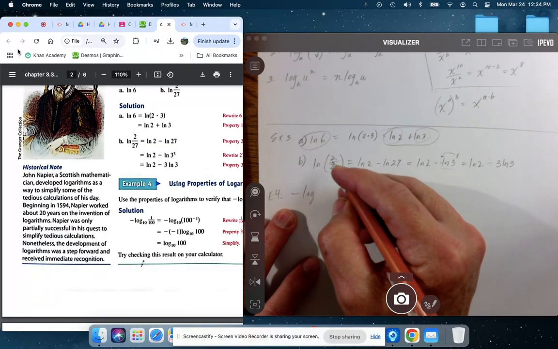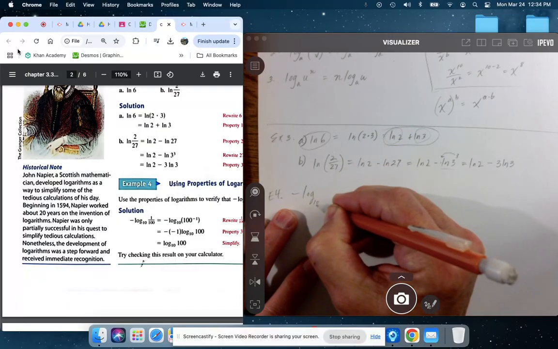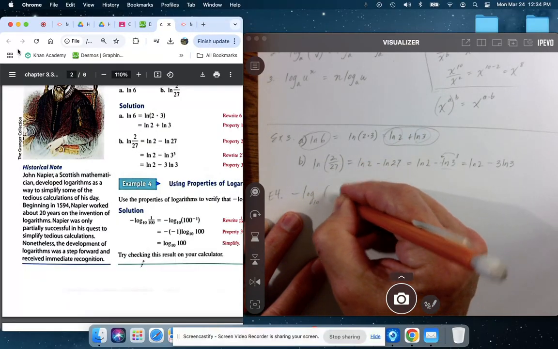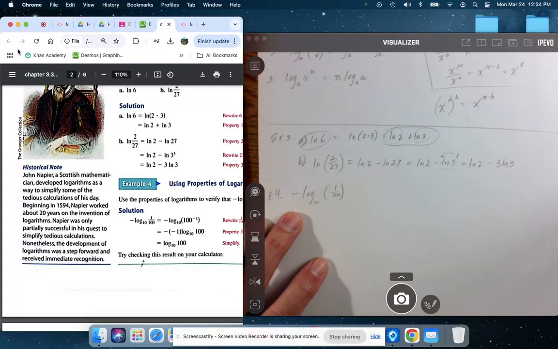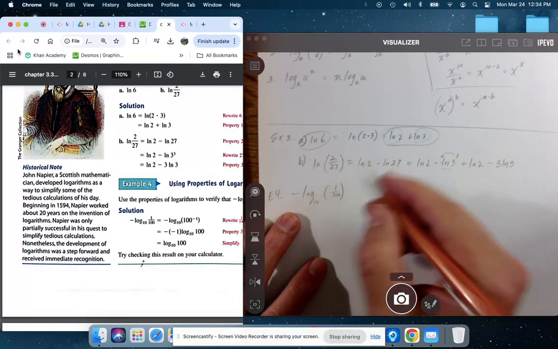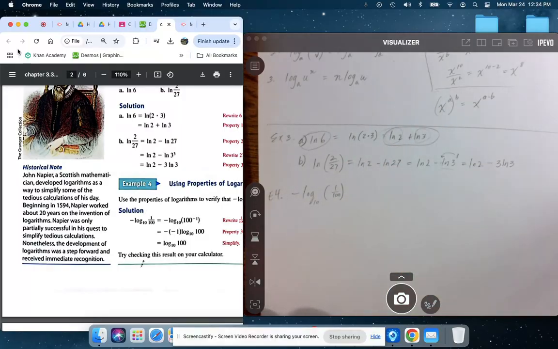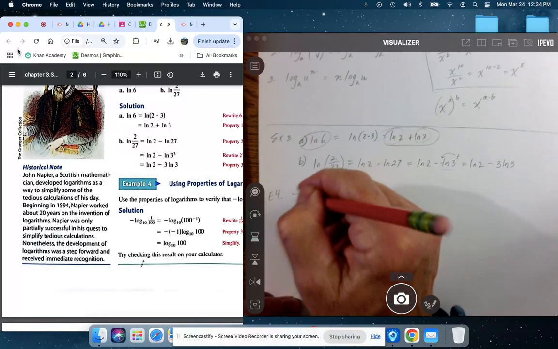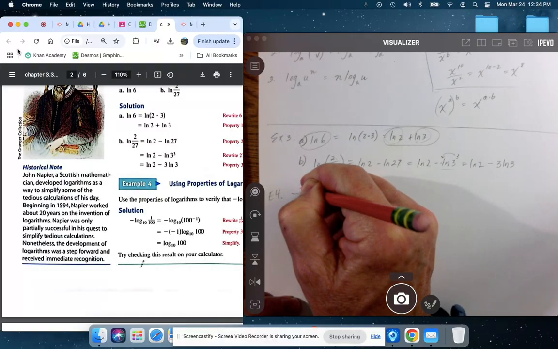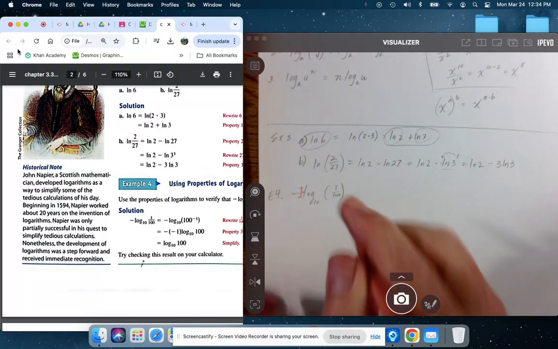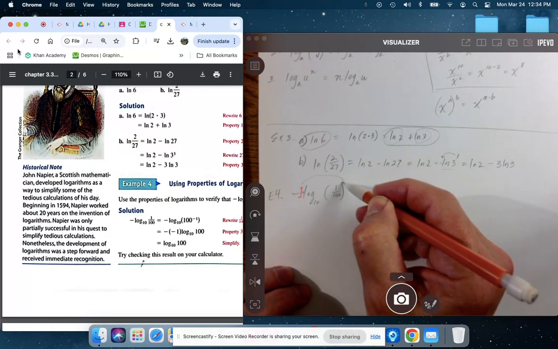Negative log base 10 of 1 over 100. Okay, so I know that negative could just be a negative 1, right? So I'm going to move that here.